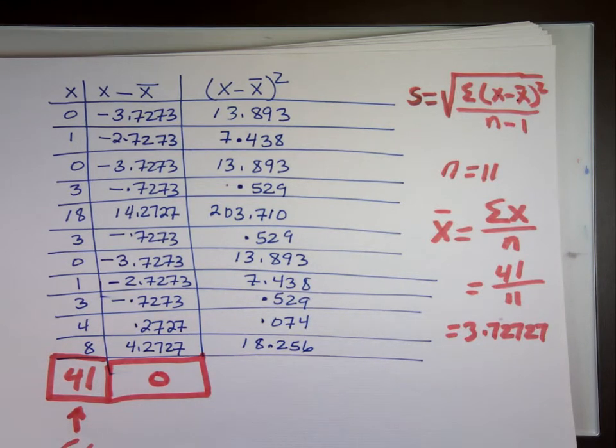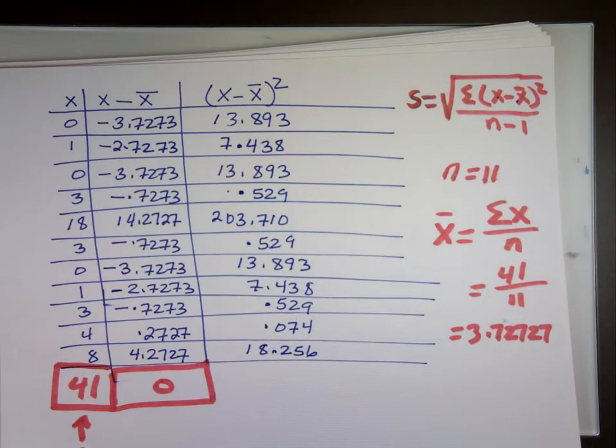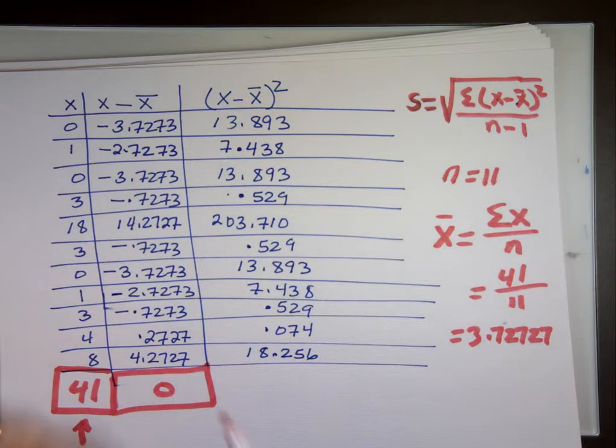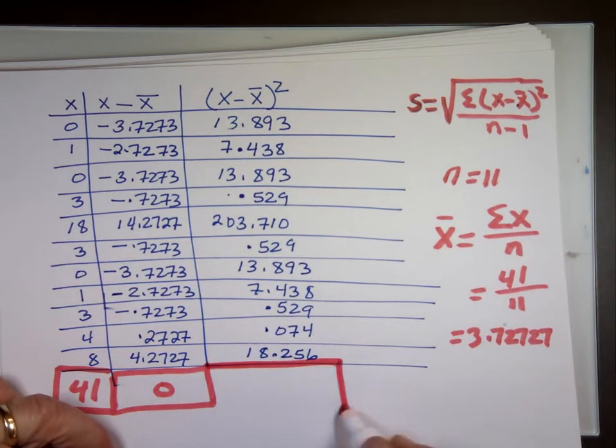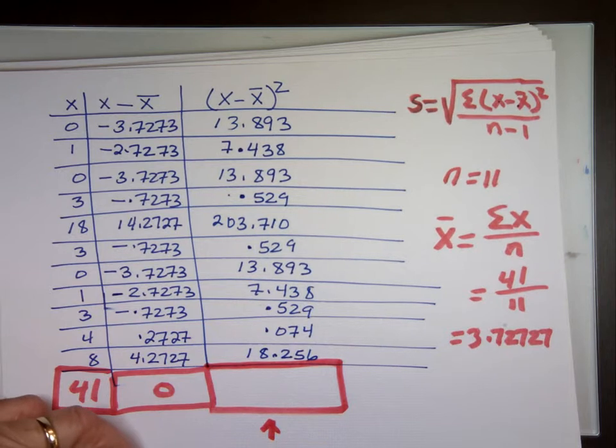If we do this right and you add them, this number is always 0. Has to be. Because you want to be the middle there. You're subtracting the average from it. Whatever above the average should equal whatever below the average. Now I got to add these numbers. When I add them, this is the sum of x minus x bar squared. That's the top of that fraction.